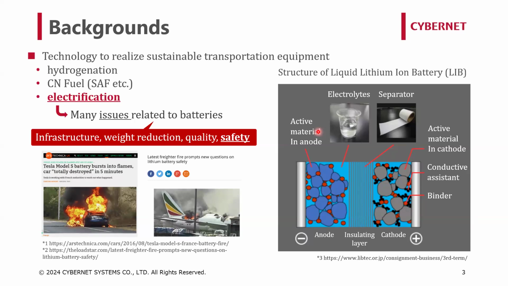The problem is that this electrolyte is highly flammable. And as you can see in the photo on the left, not only during car crashes, but even during normal operation, thermal runaway can accidentally occur due to unintended factors, leading to serious incidents in some cases. I am sure that you are aware of this through TV news or the media.